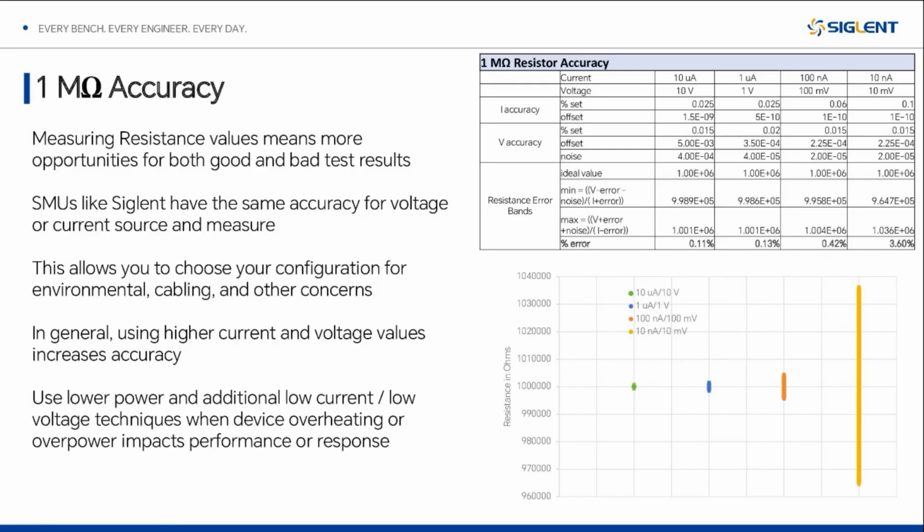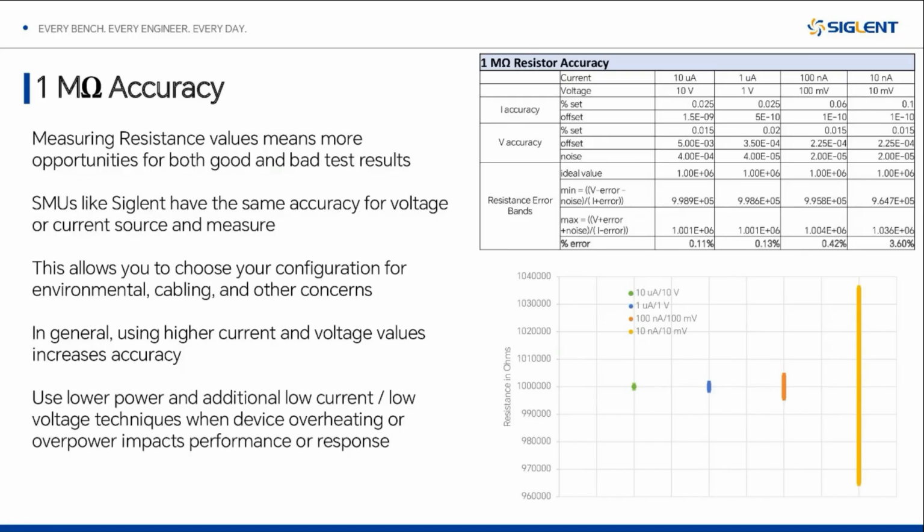You might have other considerations as well. But without a lot of other considerations in play, it's worth noting that in general, moving away from the lowest end current and lowest end voltage measurements gives you improved accuracy.